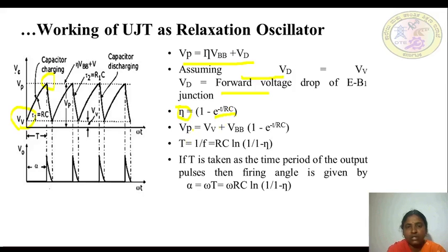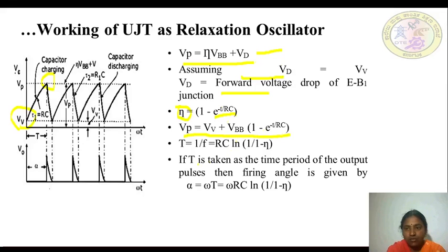Now you substitute the value of VD and eta in this equation. The equation will be VP is equal to VV plus VBB into 1 minus e to the power of minus t by RC. So this is the equation we will get if we substitute these values.